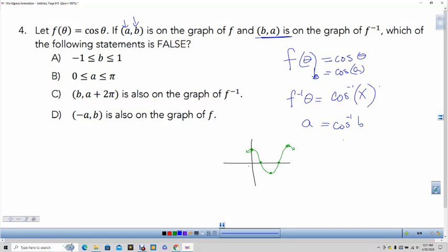So when we graph the inverse cosine, we're going to come over here to 1. And remember, right here we're at pi over 2, so that's roughly about 1.57. So we're going to start about right here, and it's going to go up to pi. That's actually not that great. It's going to go more like this.